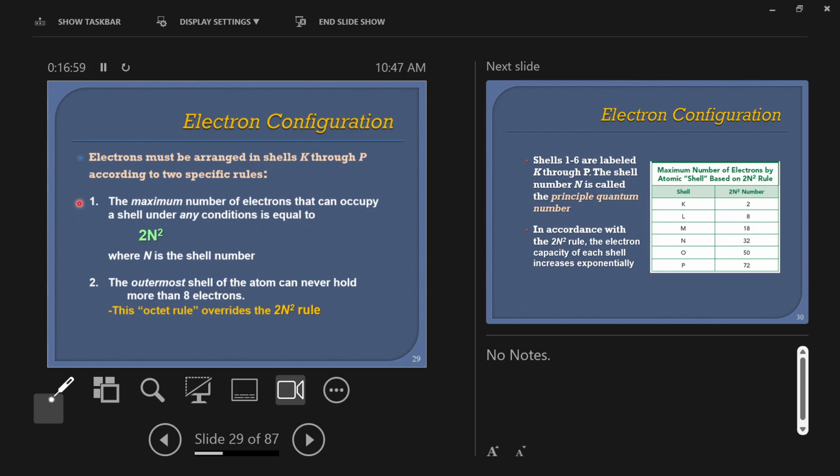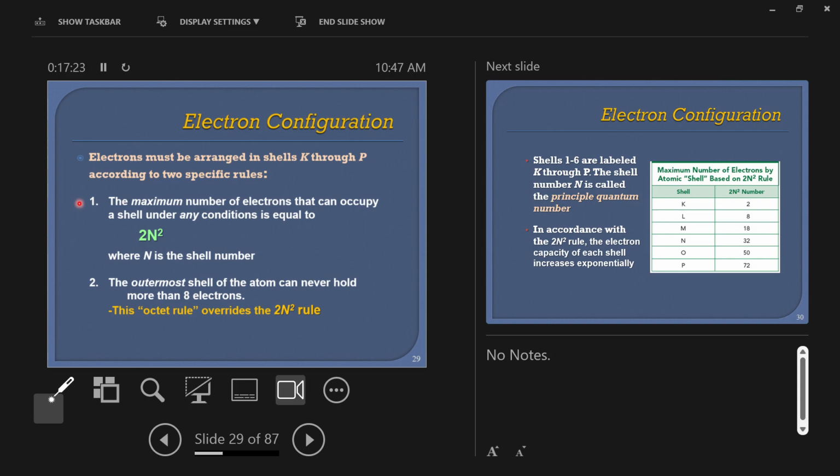That's good. 2 is the answer. So, how many electrons can fit in the K shell of any atom? 2.